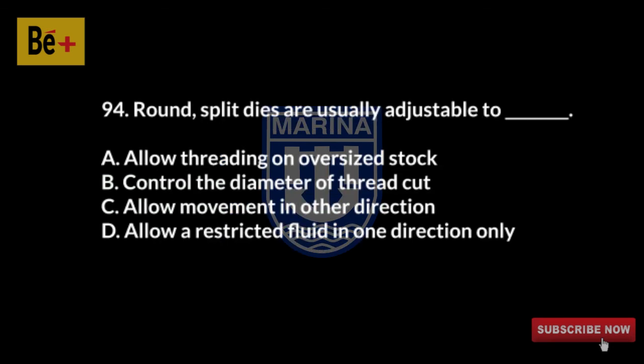Round, split dies are usually adjustable to A. Allow threading on oversized stock. B. Control the diameter of thread cut. C. Allow movement in other direction. D. Allow a restricted fluid in one direction only. The answer is B. Control the diameter of thread cut.